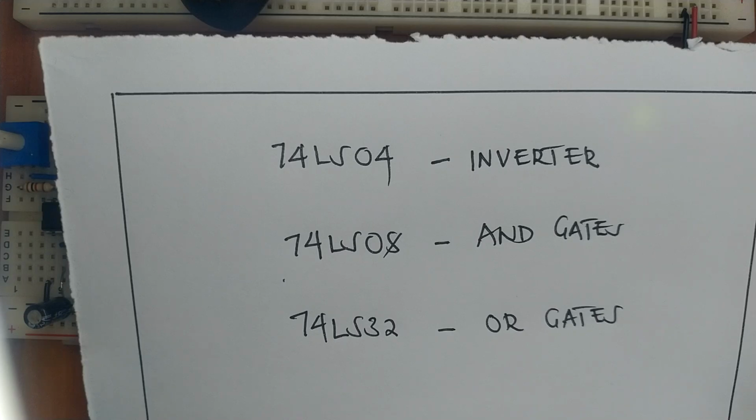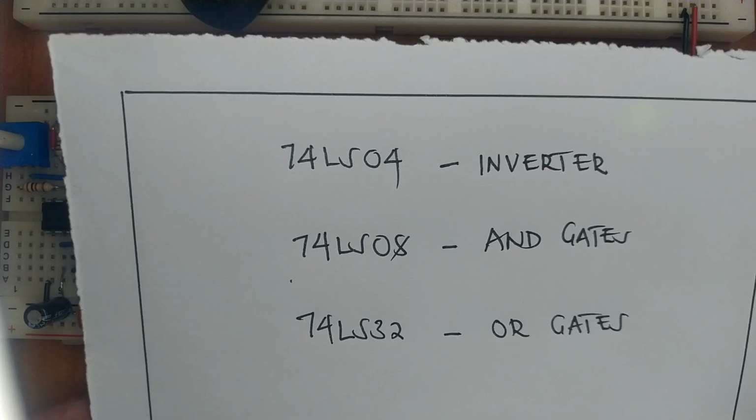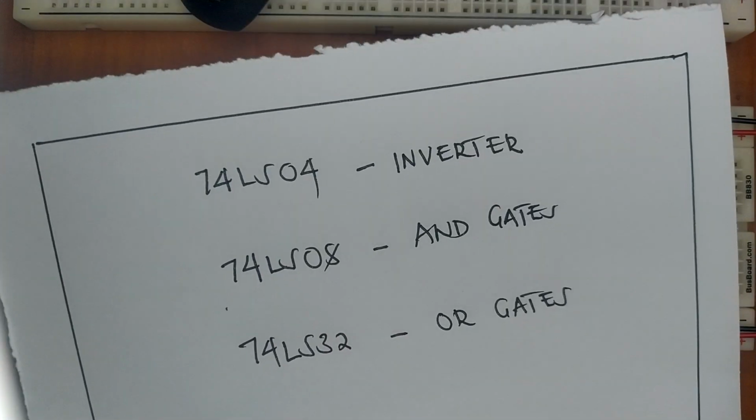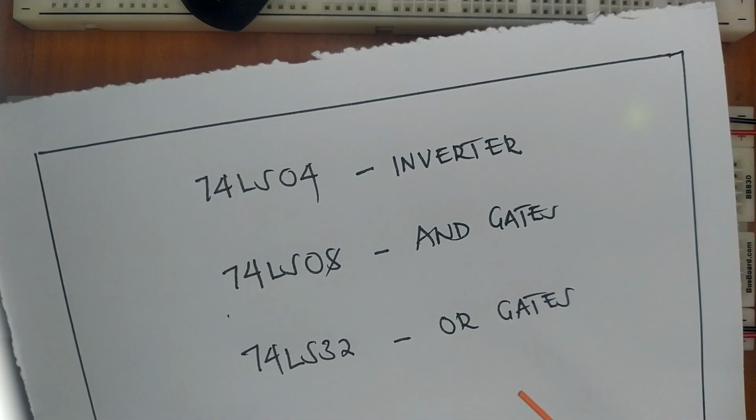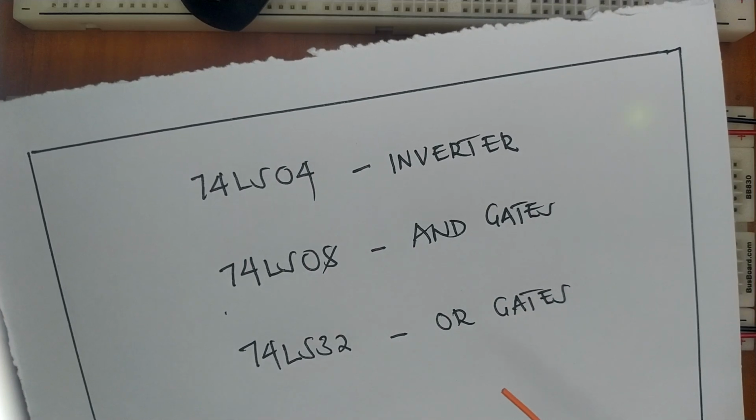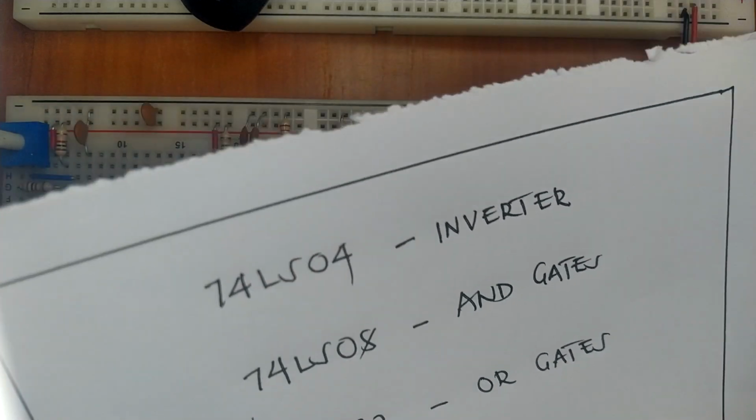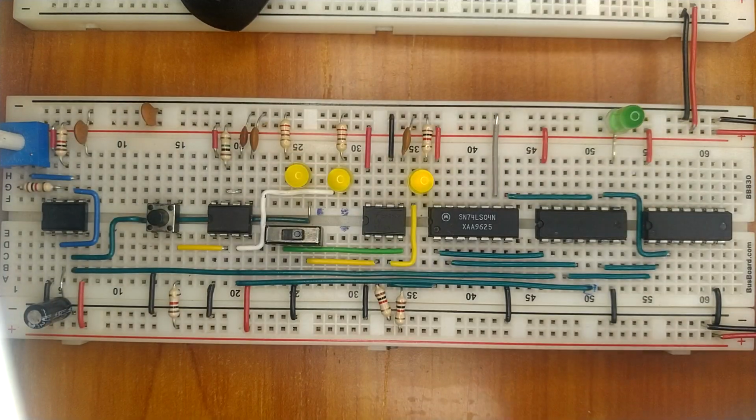We have the 74LS08 AND gates, and 74LS32, which are just a bunch of OR gates. If you're working on this project, you really do not have to use all these 3 gates. You could choose to eliminate them and just use NAND gates. After all, design is just design, but at the end of the day, what matters most is whether you can get all these 3 inputs together.